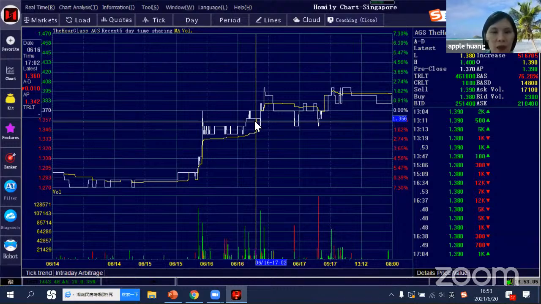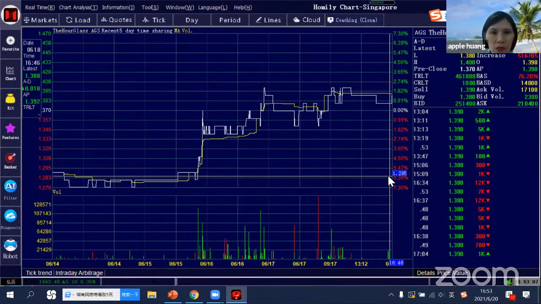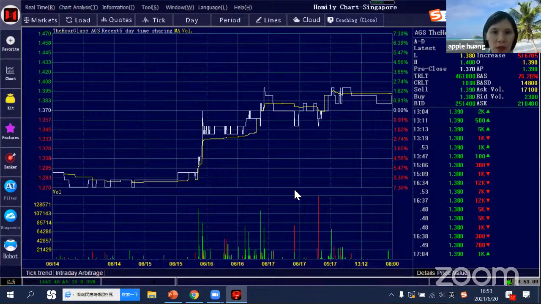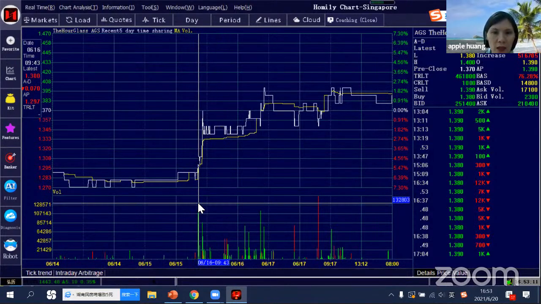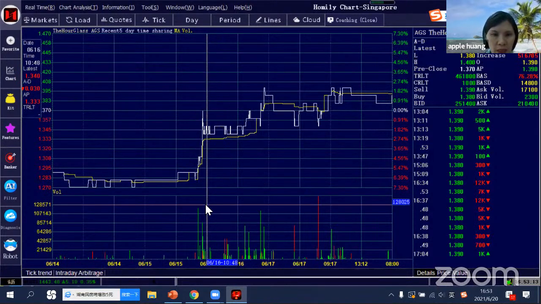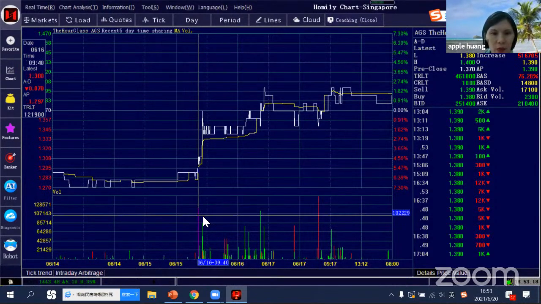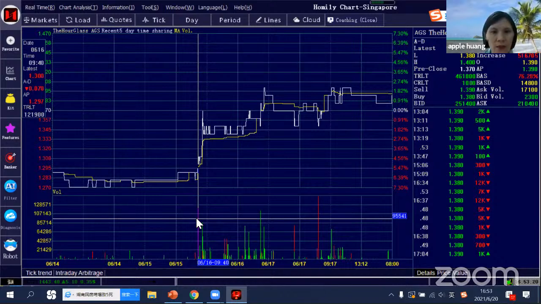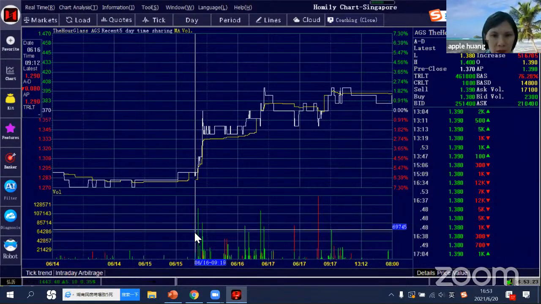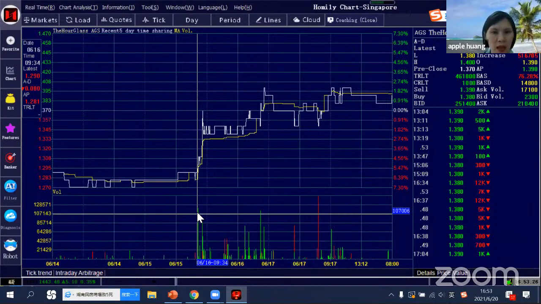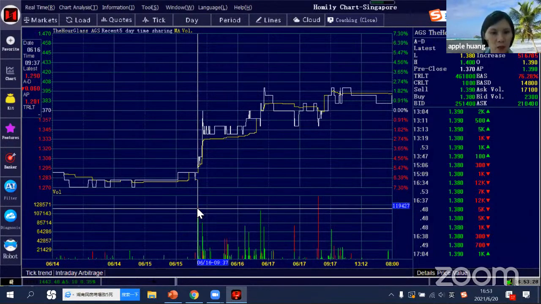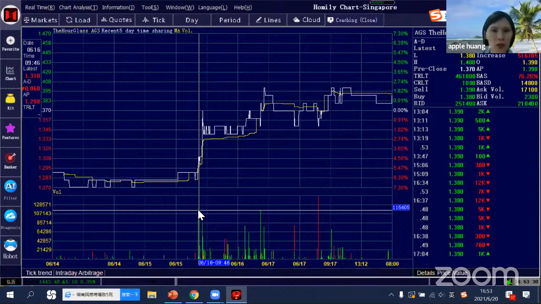All right, when you come to this chart, what is important is you will see which is the key level. Over time, you can see in a day, for example, here, this is high volume.